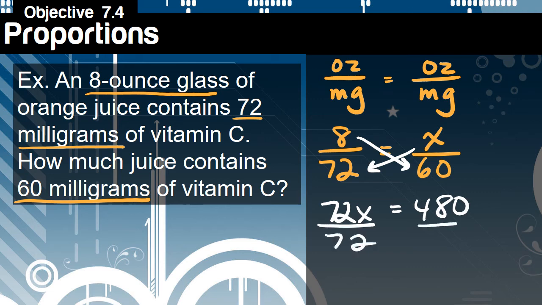Let's divide both sides by 72. So x is going to be equal to 480 divided by 72, which gives us right about 6, and we can round that to the nearest tenth place, 6.7. So we can say that 6.7 ounces of juice is going to contain our 60 milligrams of vitamin C.